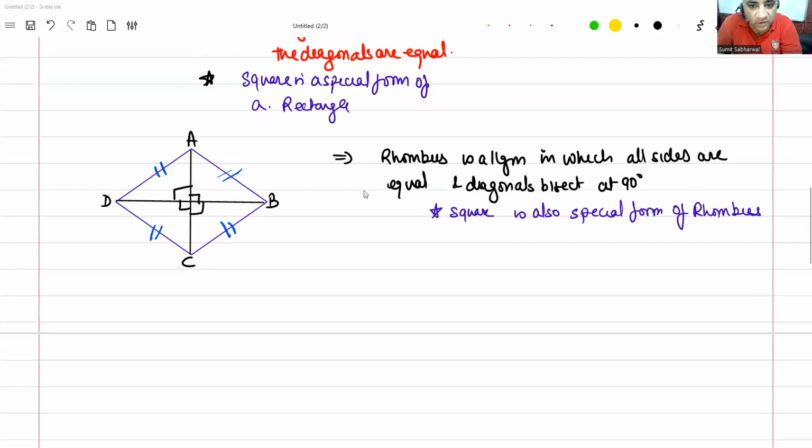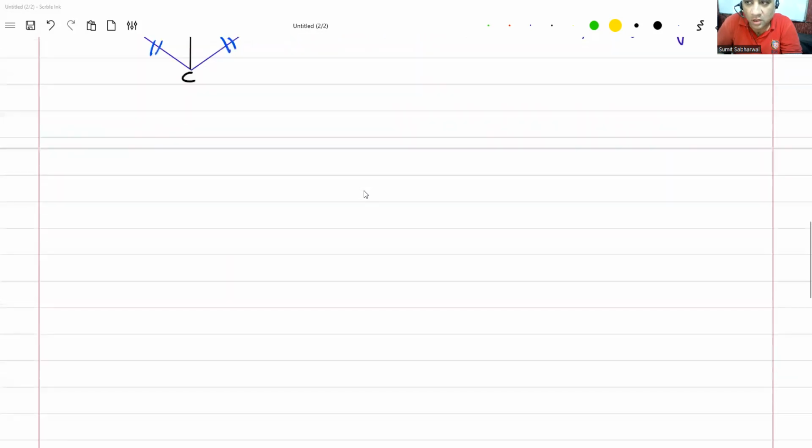Okay, we are done with the types of parallelograms. Now, one thing of quadrilateral that I was supposed to mention is the angle sum property of a quadrilateral.